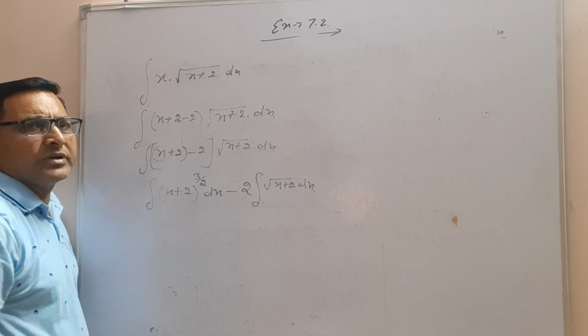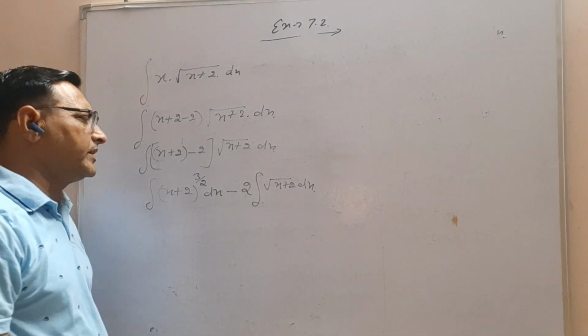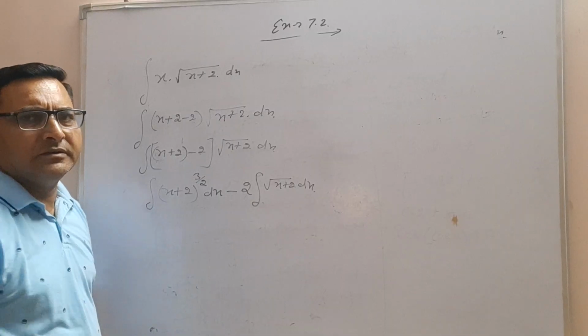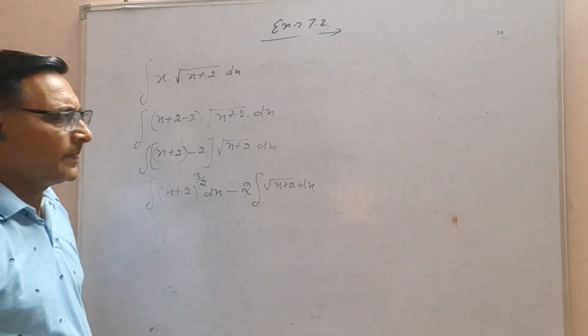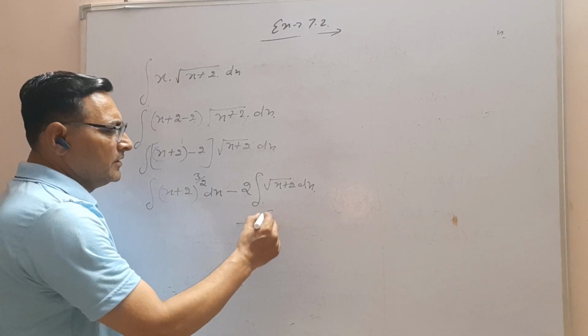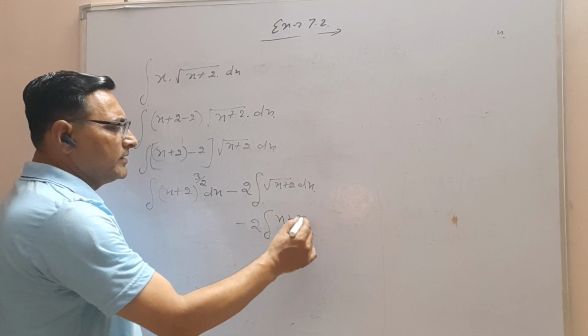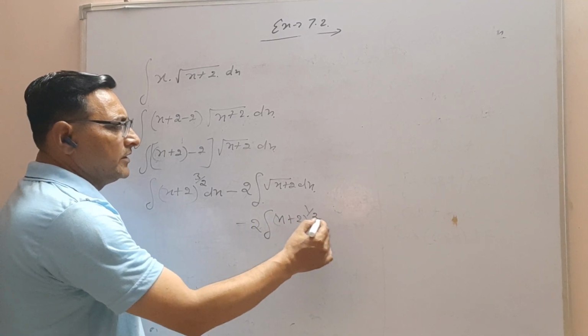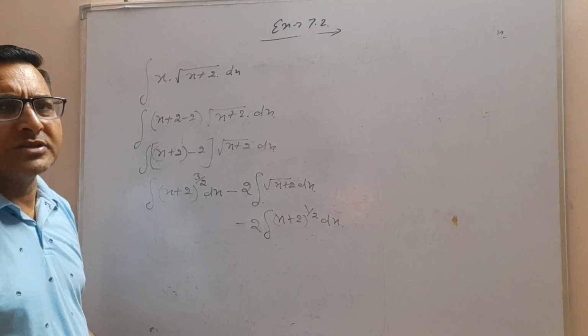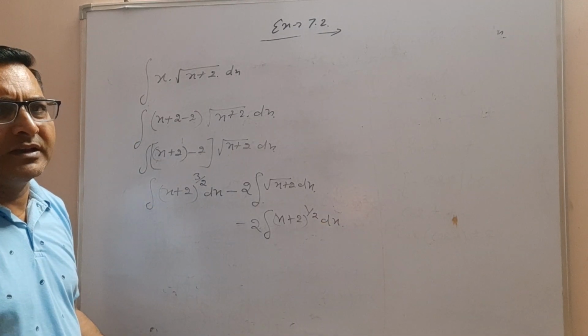This is constant, you can take it outside the sign of integration. Now it is easy to integrate. You can write it minus 2 into x plus 2 power 1 by 2 into dx. Now the question is the same as you have done earlier.